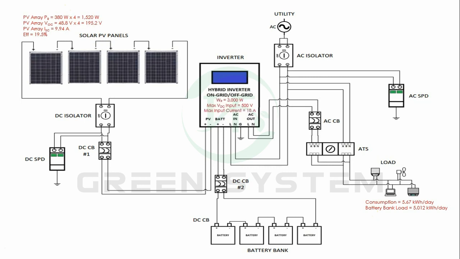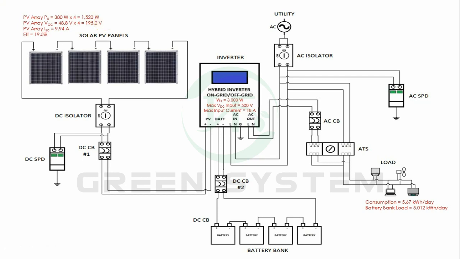In step number 3, we calculated that the inverter should have a rating equal to or higher than the power output of our solar array, which is 1.52 watts. In this example, we chose an inverter with a power rating of 3 kilowatts, which is higher than this.